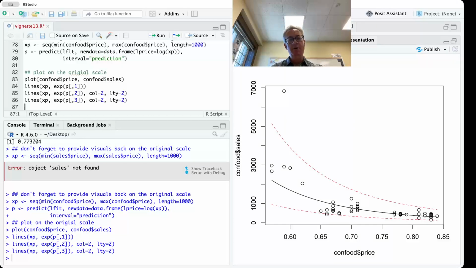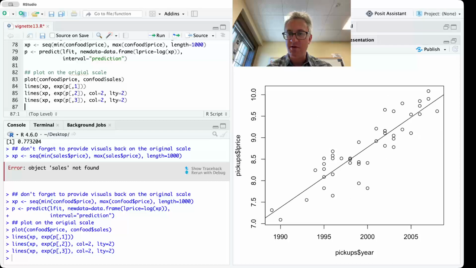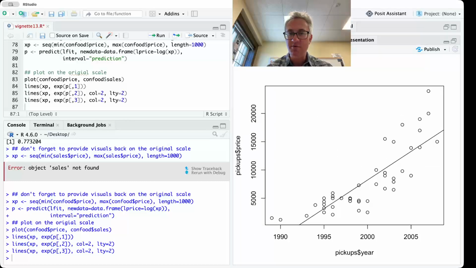So kind of cool. There are other benefits to doing these transformations, especially transforming the y variable. If you look at a fit of a linear model, let's go back to the pickup one just because it'll be a little bit cleaner. We've made more plots of that one. So here's the original fit of the pickup data. In this straight line, eventually as we get to older and older trucks, we're going to predict negative, right? Any straight line eventually goes negative. But it doesn't make much sense to predict a negative price for a truck unless someone's going to pay you to take it away.